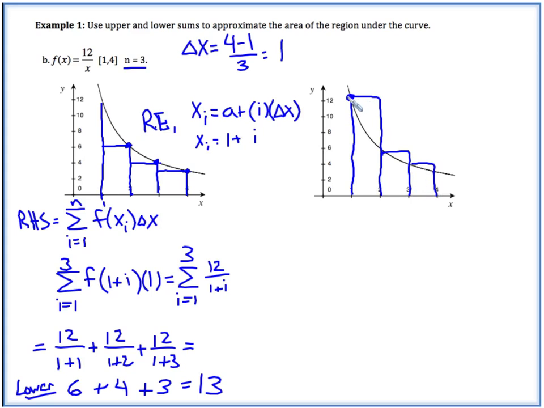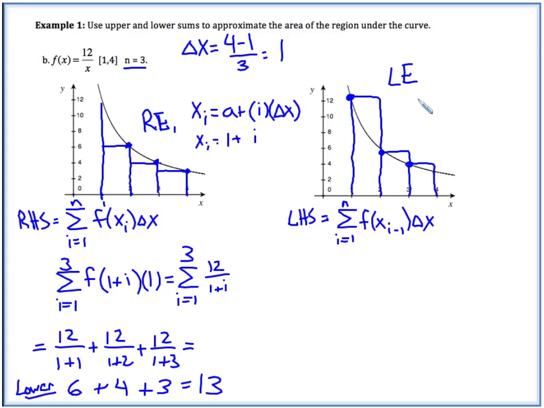And in this case, which endpoints do we have here? Well, these are going to be left endpoints, meaning we're going to be finding our left-hand sum. Okay, and so our sum here goes i equals 1 to n, and this is going to be f of x sub i minus 1 delta x.